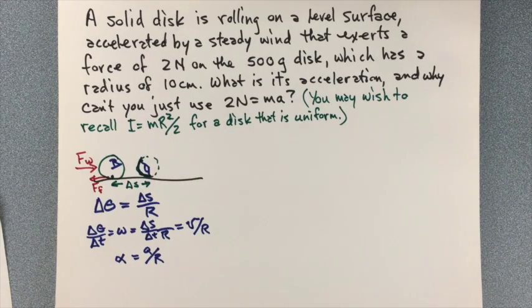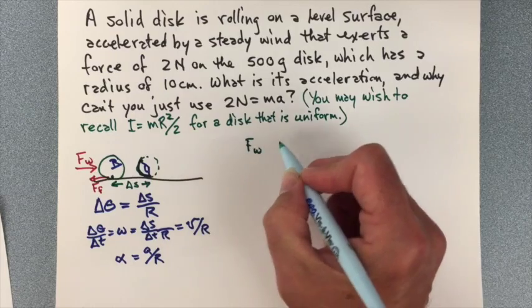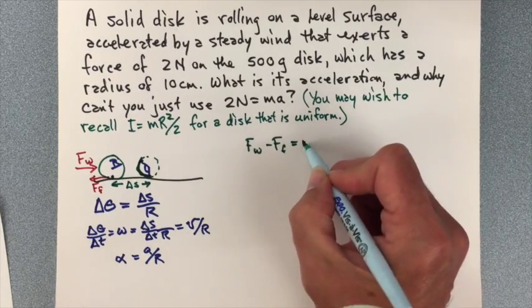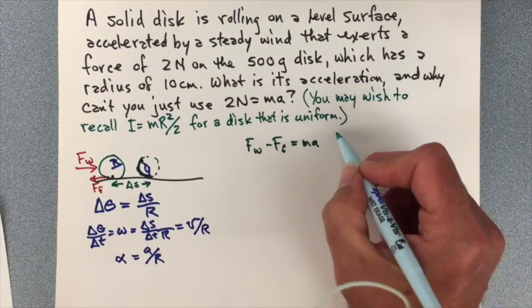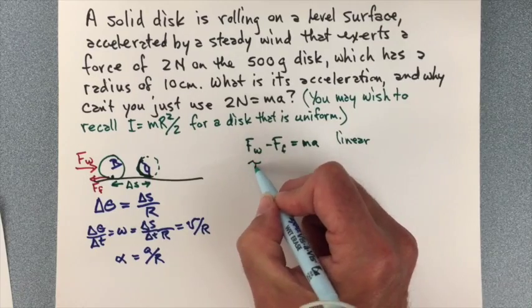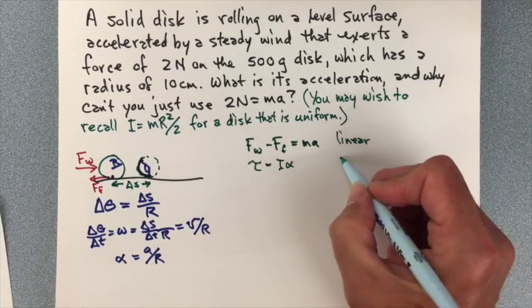So let's write those out. Okay, let's say the force of the wind minus the force of friction is equal to ma. That's the linear part. And then we also know that the torque is equal to I alpha. This is the angular part.